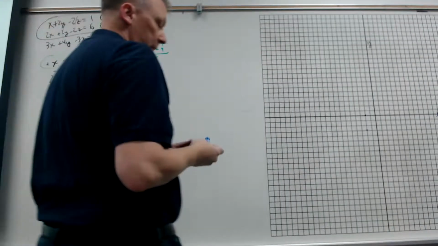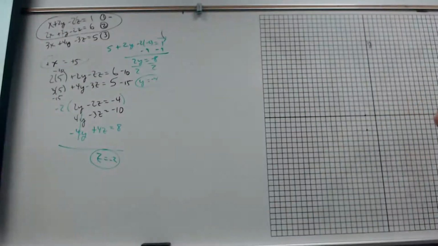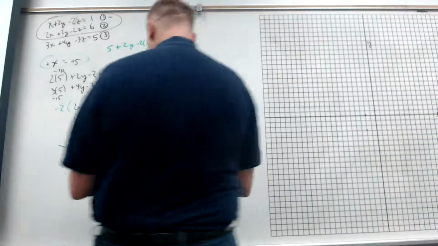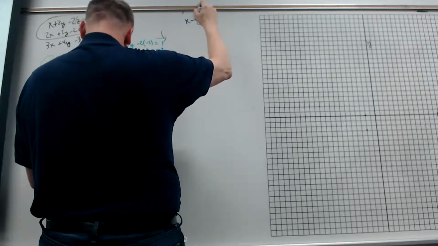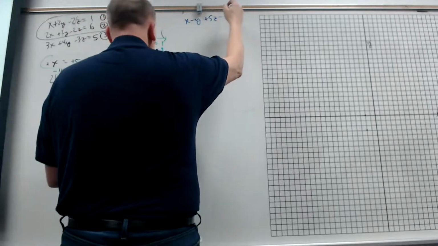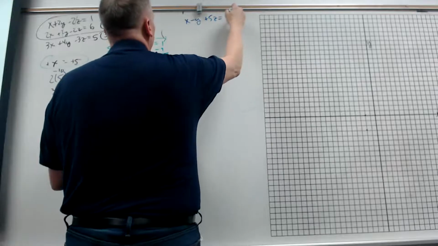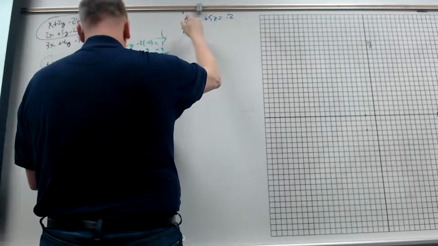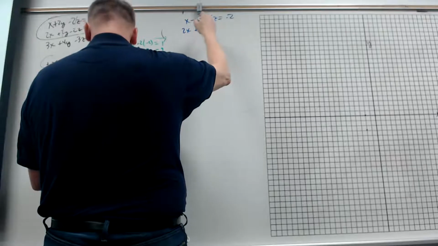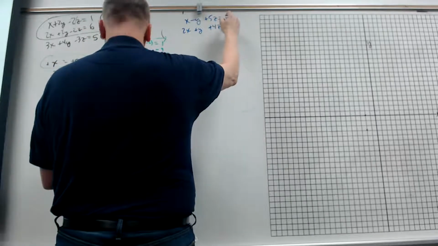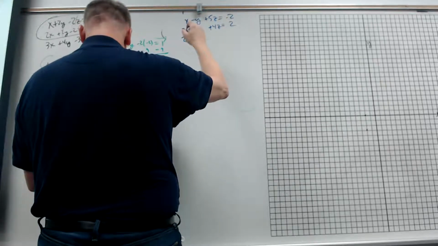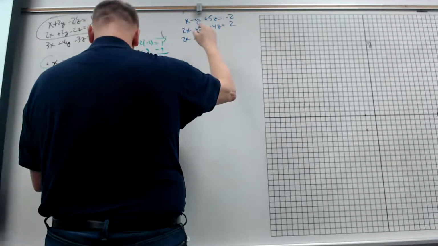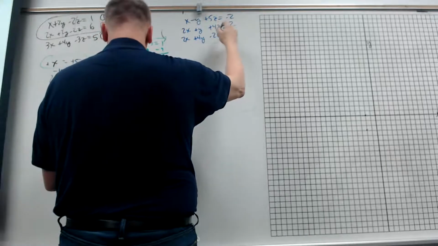Let me pick another color. How about x minus y plus 5z equals negative 2, 2x plus y plus 4z equals 2, 2x plus 4y minus 2z equals 8.